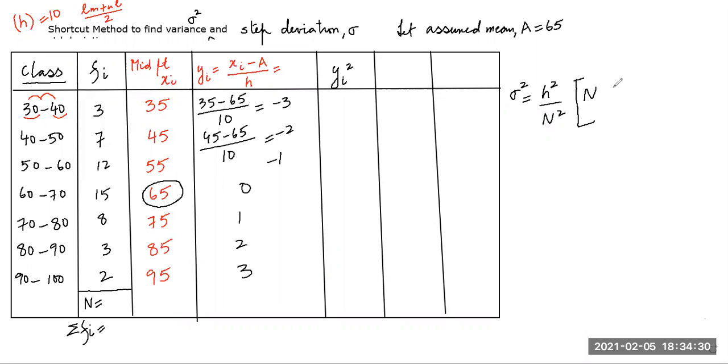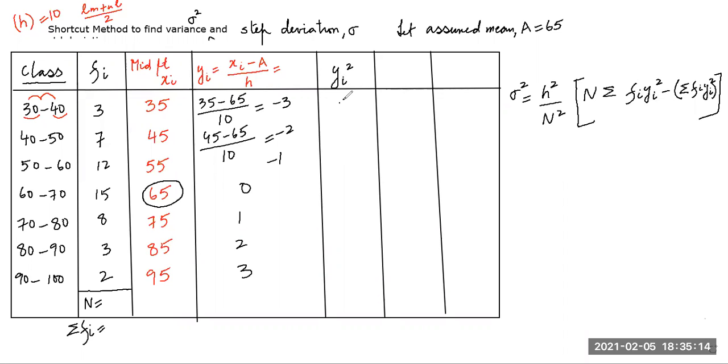So students, this is the formula. It is similar to the formula we discussed yesterday. That means we need fi yi square also, and for that we need yi square. That's the reason we want to find out yi square. So students, quickly you can tell me what is yi square.